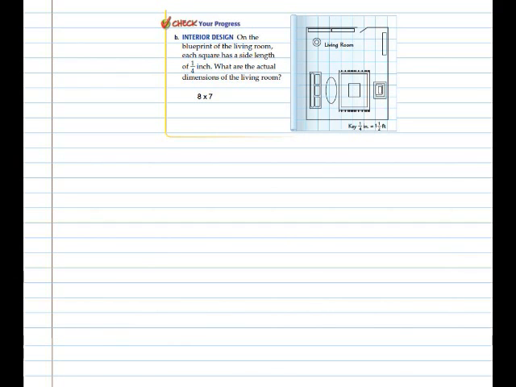On the blueprint of the living room, each square has a side length of 1/4 inch. What's the actual dimensions of the room? Well, if we look at our length here, we count 1, 2, 3, 4, 5, 6, 7, 8. So what that means is that we have 2 inches. So our scale is 1/4 inch to 1.5 feet. We have 2 inches over x feet, if you want to use x for your variable.